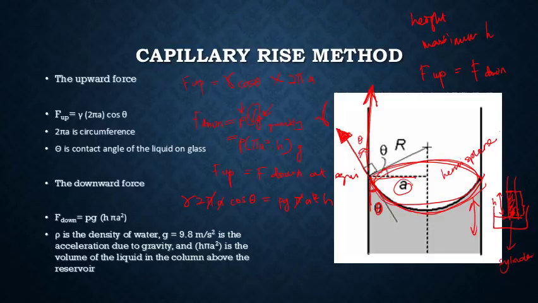What is left over is that gamma equals rho g a h, divided by 2 cos theta.